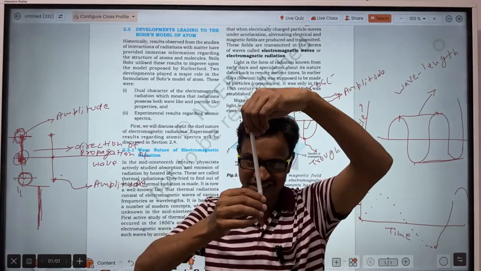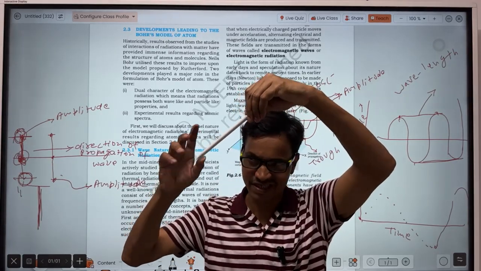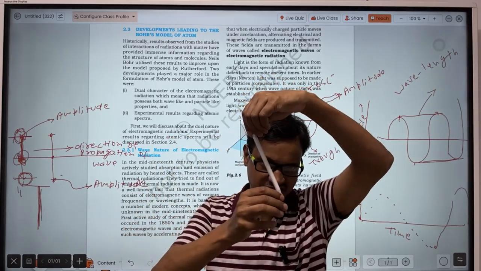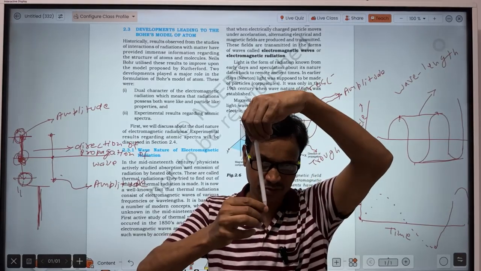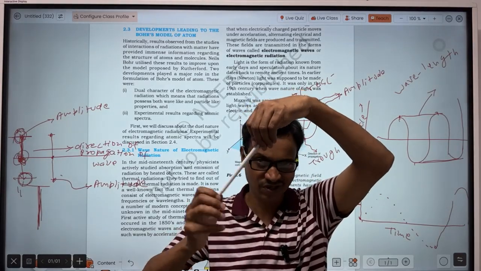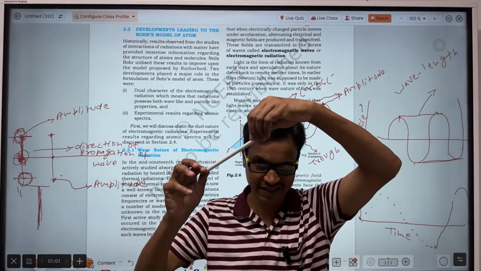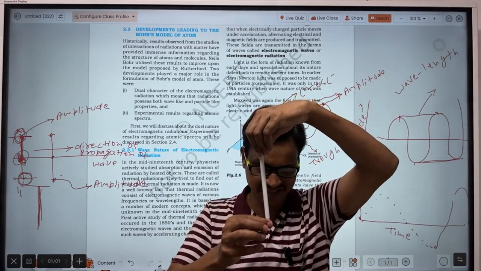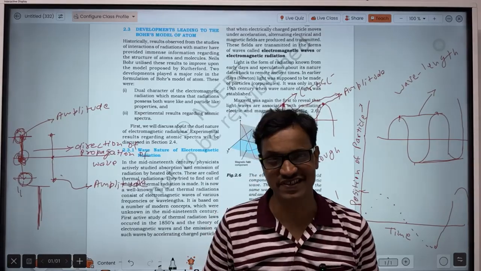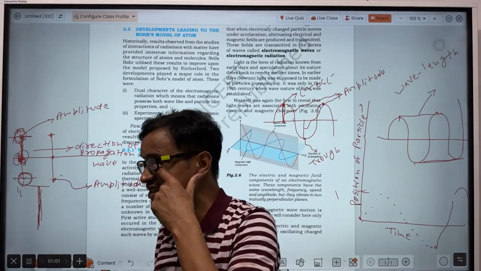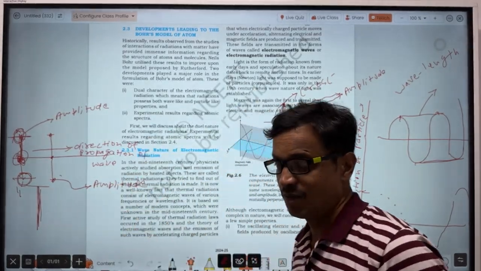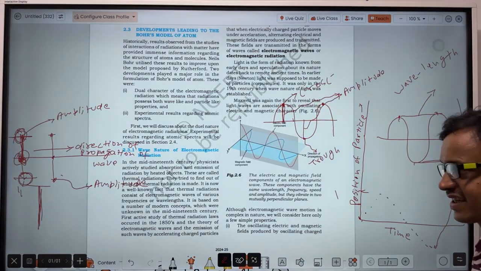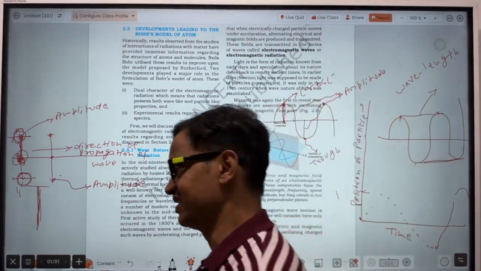Its maximum distance is the amplitude, because after that it's not going further. Again it comes to the origin, goes above, and then returns to the original path. So that is called frequency. Frequency is, in 1 second, how many oscillations, that means the number of oscillations in 1 second.